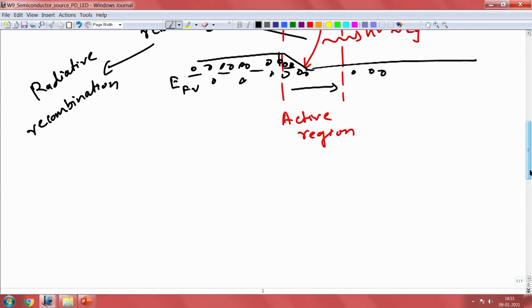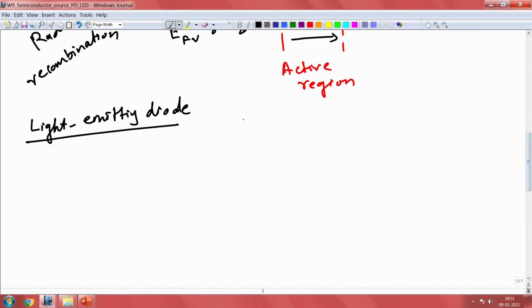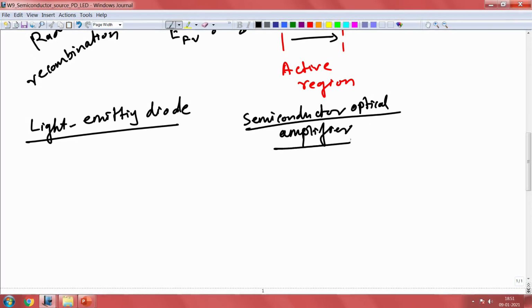There are 3 types of light emitters that you could do. One is the light emitting diode, the other one is the semiconductor optical amplifier, and the third type of device is the laser diode.